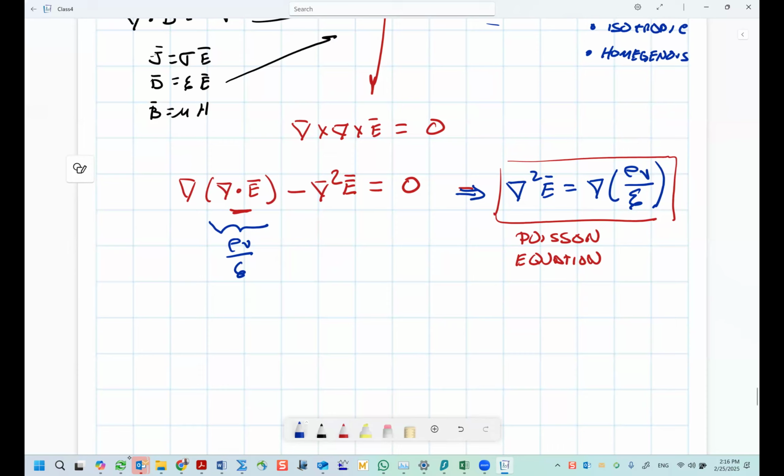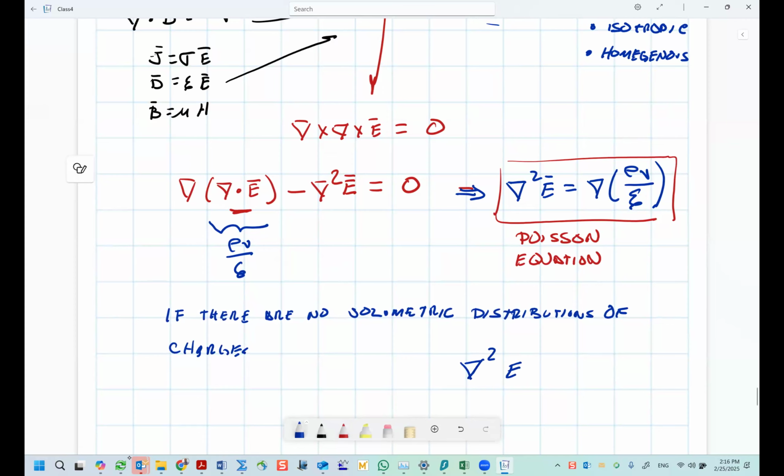But if there are no charges in that region, no volumetric distributions of charges, this equation reduces to the Laplacian of E equals 0.